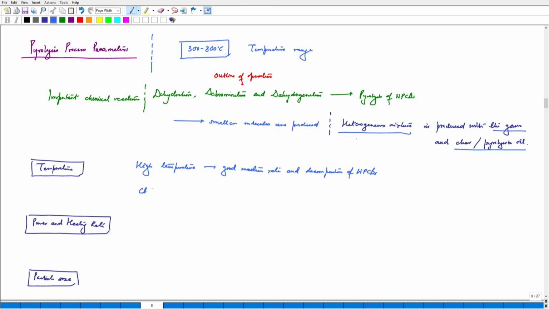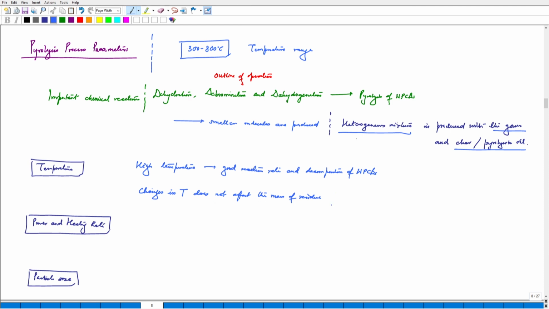The changes in temperature do not affect the mass of residue, the heterogeneous mixture itself, much.